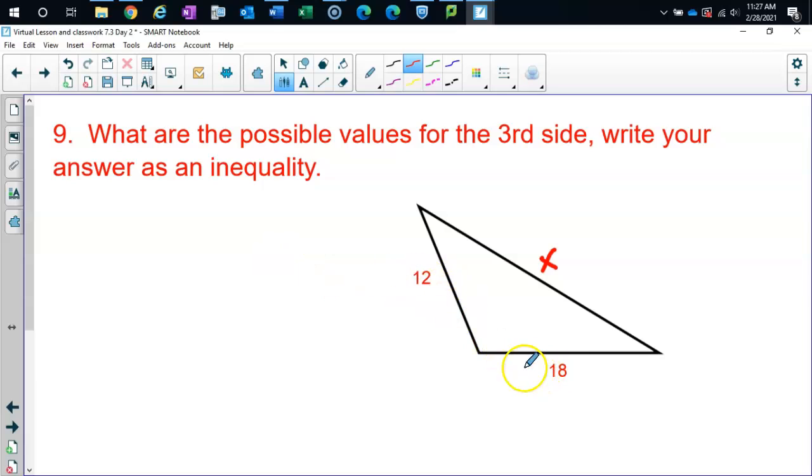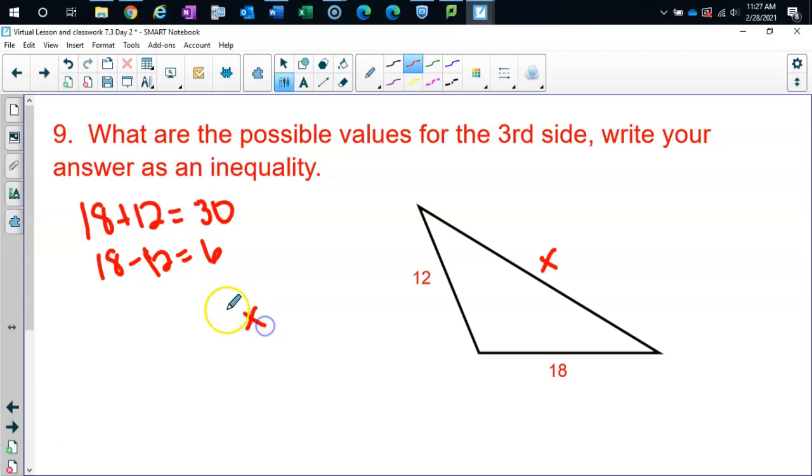All right, if we want to find the possible values of the third side of a triangle, we take the 2 sides that are given, we add them. 18 plus 12 is 30, and 18 minus 12 is 6. So our third side X has to be greater than 6 and less than 30. There's your inequality. Remember, it's basically in between 6 and 30, and it cannot be 6 or 30.